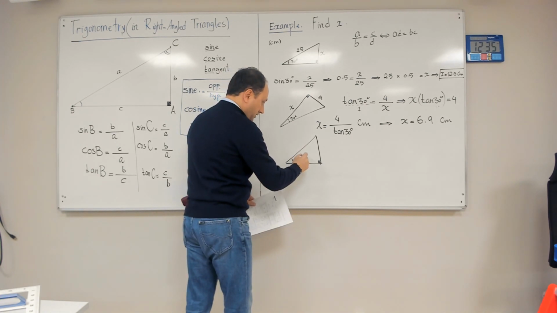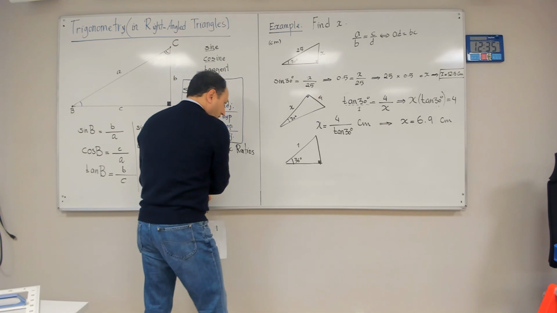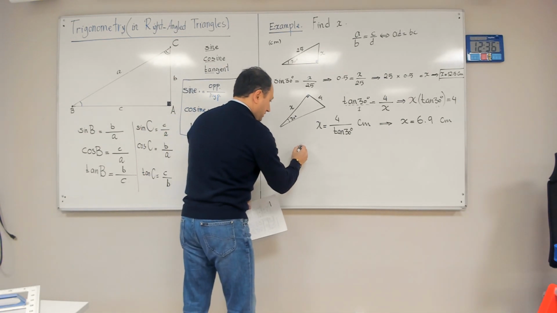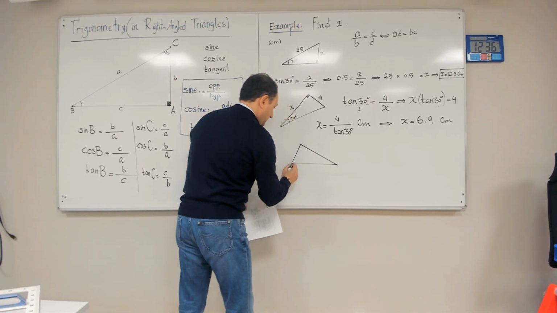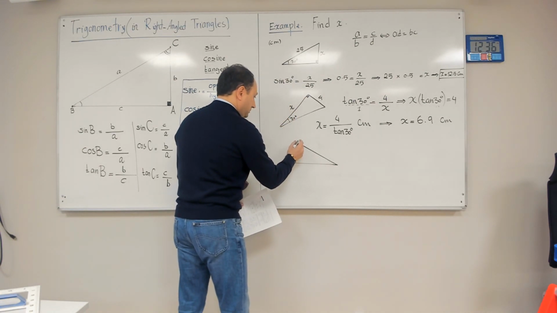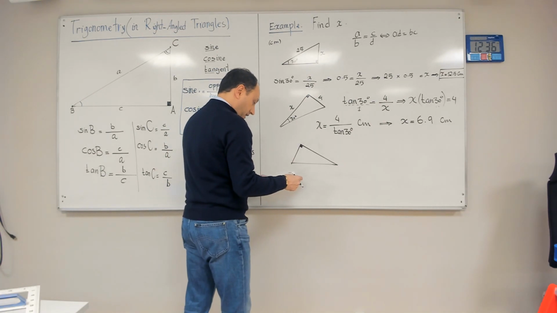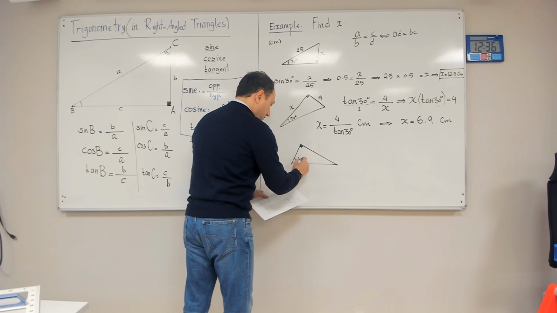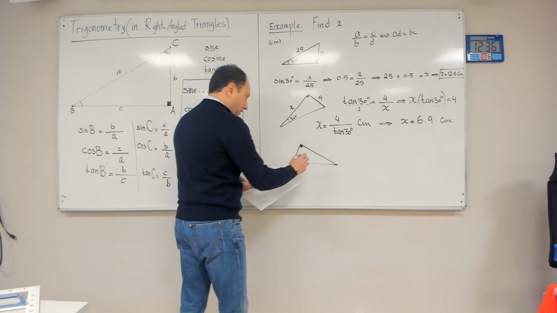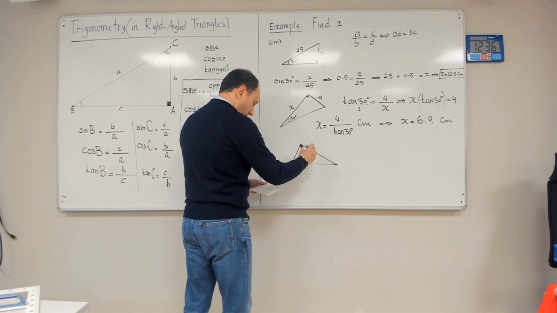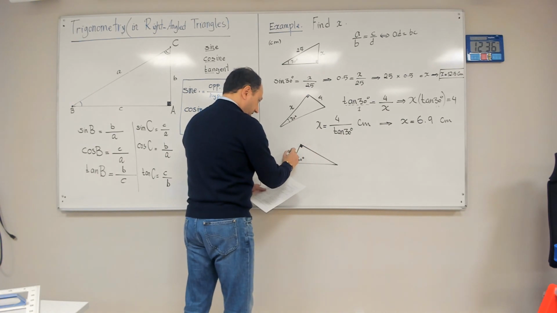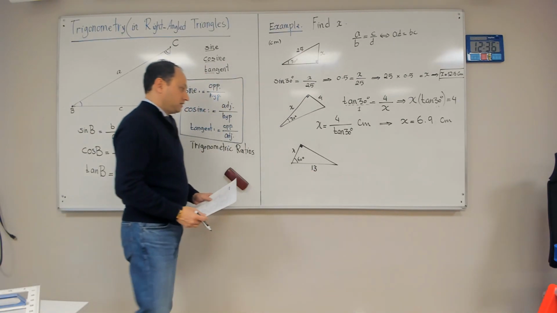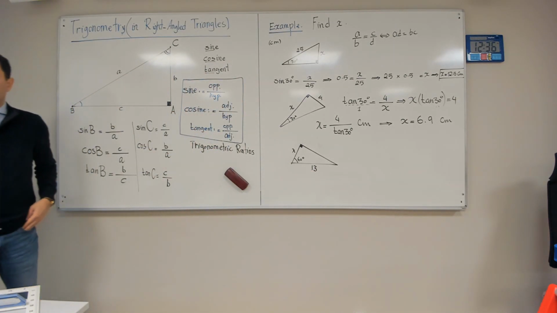So this is 13, but let me draw it the other way around, so at least you can see that you can have this situation as well. So this one is 90 now, and then this angle is given to be 60 degrees, and then this is given to be x, this is given to be 13.